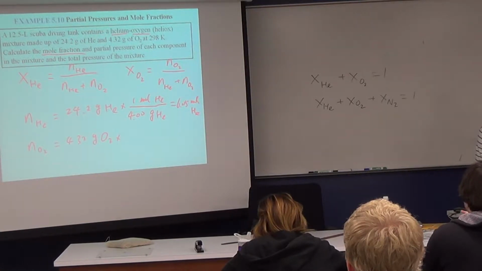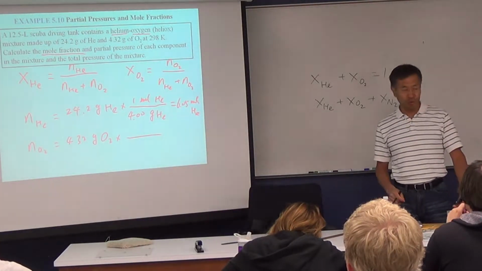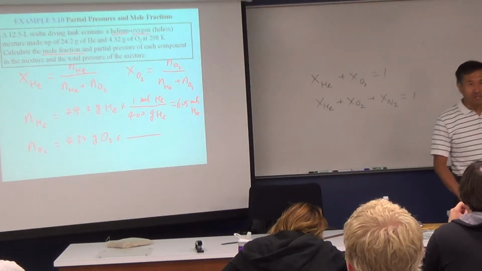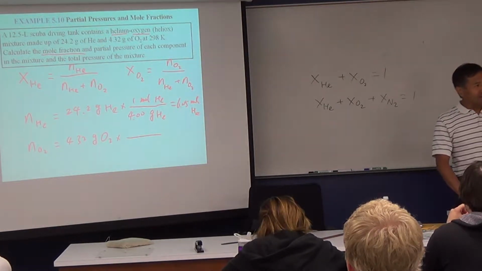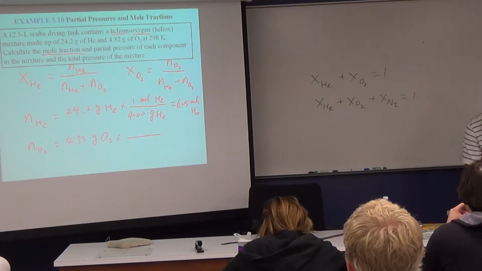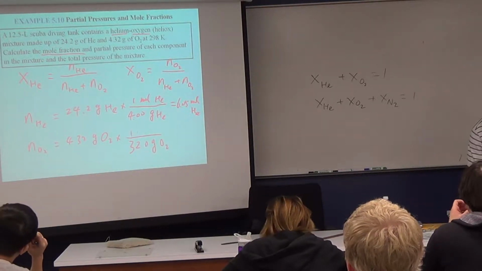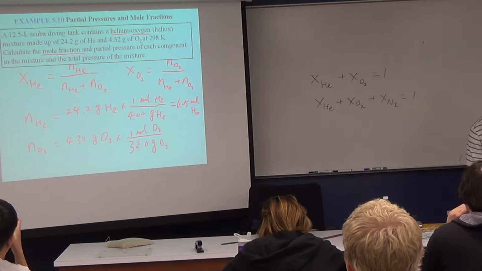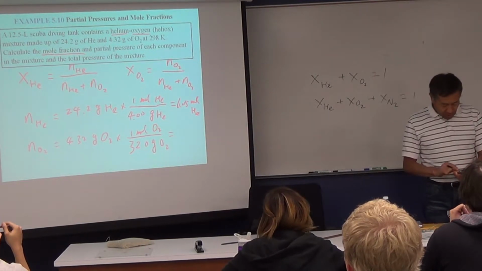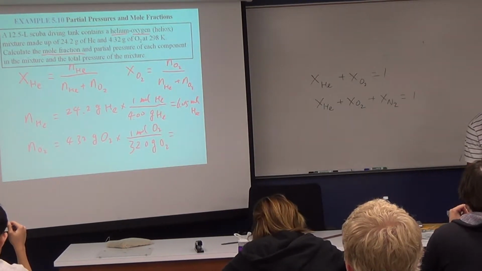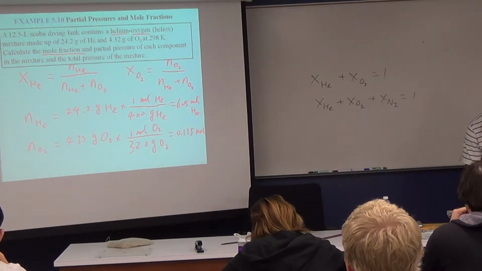Read carefully which O2 the mass refers to: O2, not O3 or O1. Oxygen is 16, and O2 means you have 2 O, so the molar mass is 32.0 gram per mole of O2. So you have 4.32 divided by 32, and you get 0.135 mole of O2.